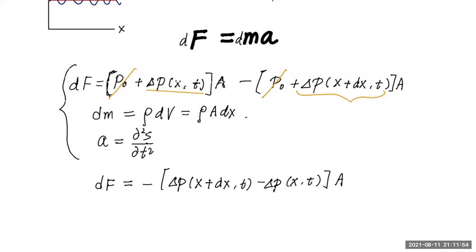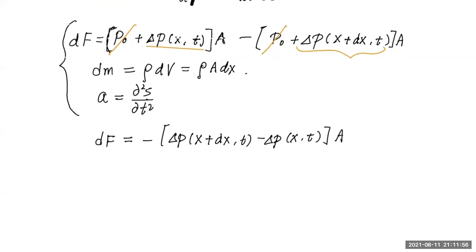Okay, I just took out a negative sign. But this thing that you see here is the value of a function at x plus dx minus the value of the same function at x for the same moment.